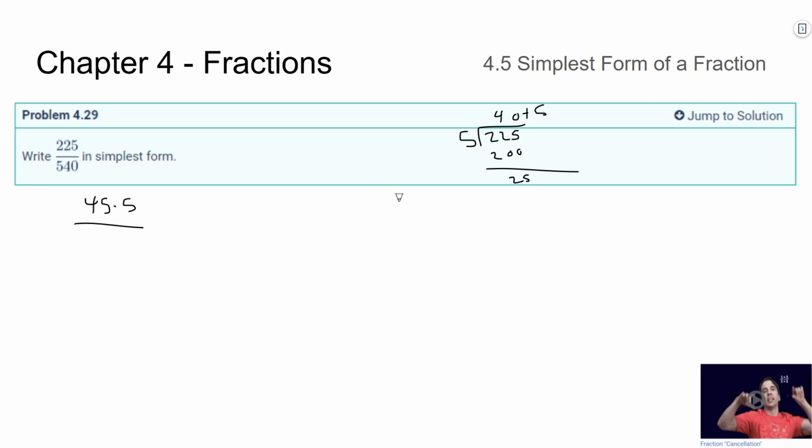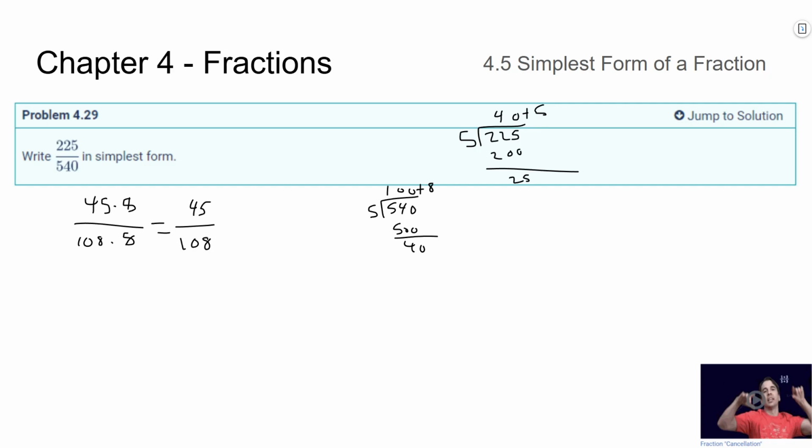Now 540 divided by 5: it goes in 100 times to be 500, we're left with 40, and then that's another 8. So 108 times 5. Okay, the 5's cancel out, and we're left with 45 over 108.